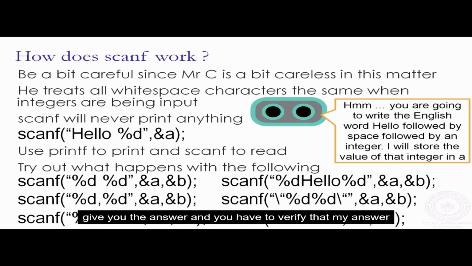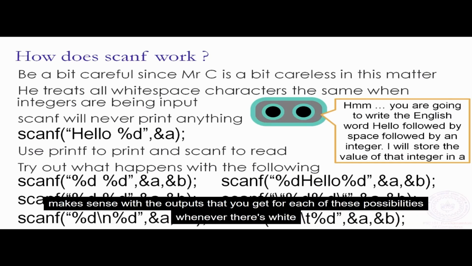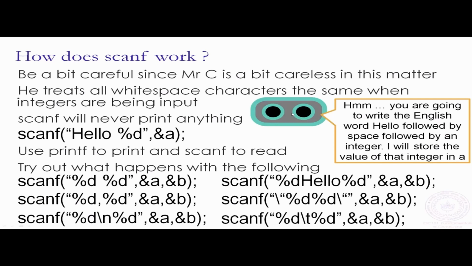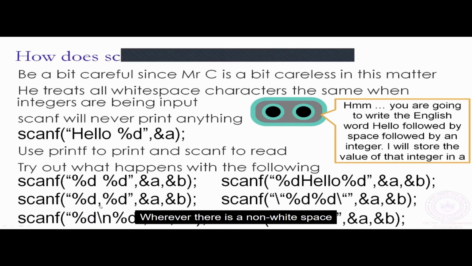Now, I'll already give you the answer, and you have to verify that my answer makes sense with the outputs that you get for each of these possibilities. Wherever there's white space, whether it's a tab or a new line or a space, the inputs are going to be scanned exactly the same way in all cases. Wherever there's a non-white space character, scanf is going to expect that format to be followed for the input.